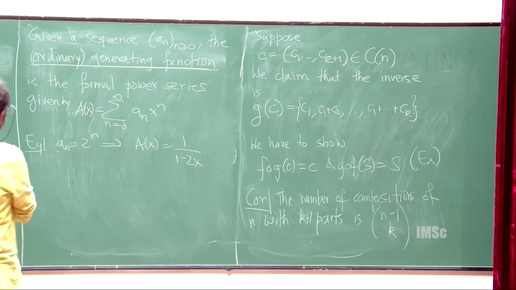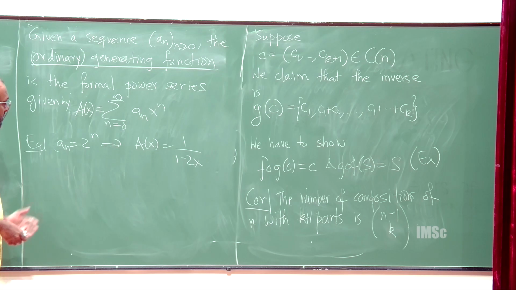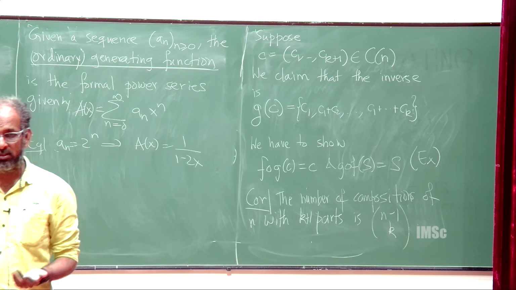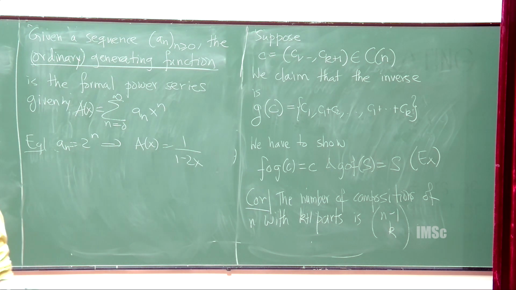In particular, for many combinatorial sequences which count things, where a_n is counting something, this turns out to be very useful.